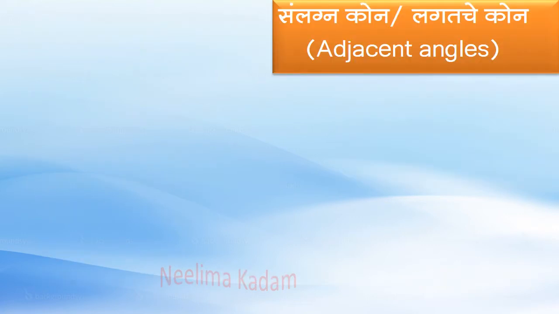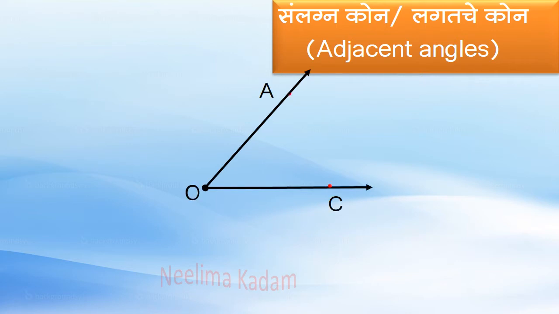Now let's understand what is the meaning of adjacent angle. संलग्न कोन म्हणजे काय? Now this is an angle. Its name is angle AOC. Remember, the vertex should be in between these two points.